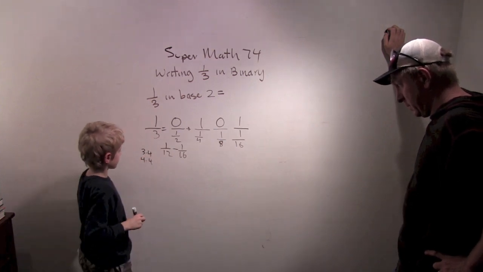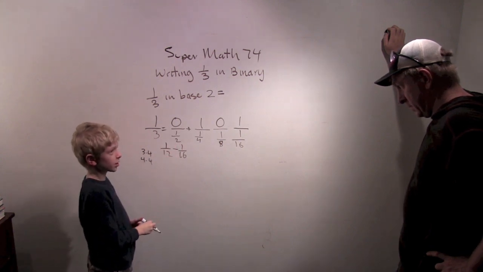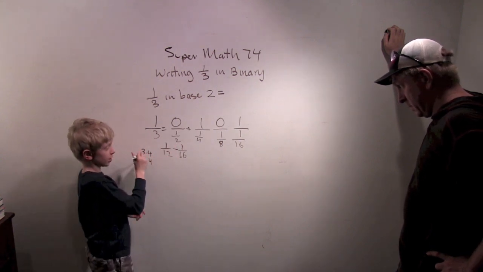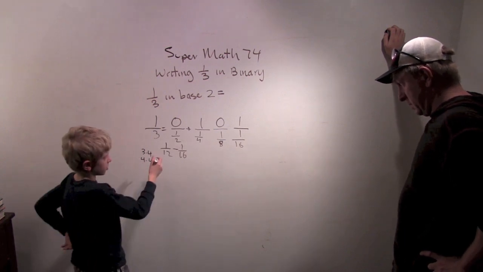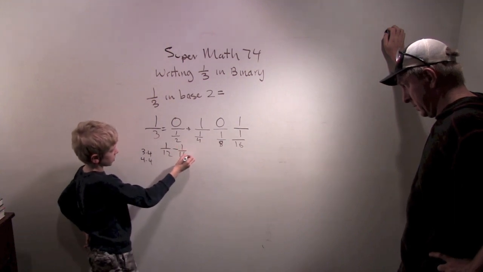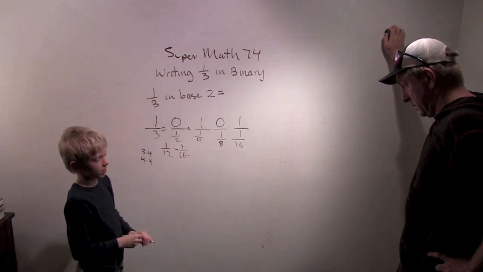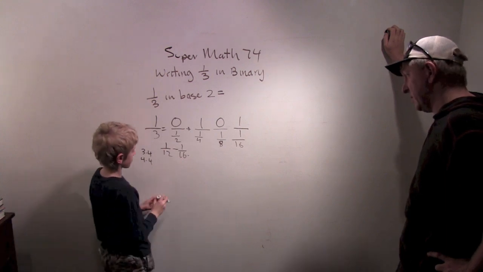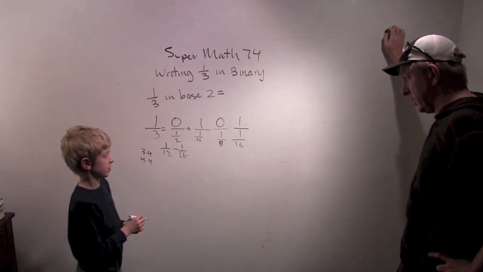So you have to multiply this 16 by 3 to get the common denominator. What is 16 times 3? It would be 48.